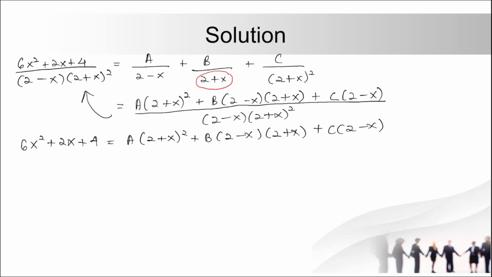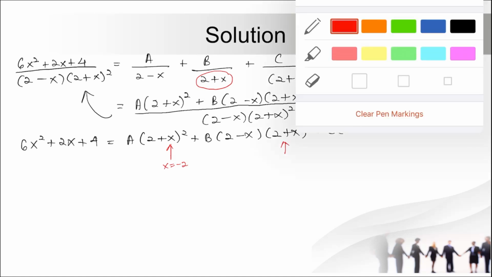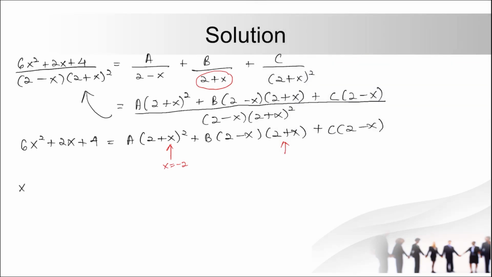For substitution, think of a value of x that, when you substitute in this equation, will eliminate one or more unknowns. For example, if I substitute x equals negative 2, this part will be 0, this part will be 0, and I will eliminate A and B. So I will choose x equals negative 2.